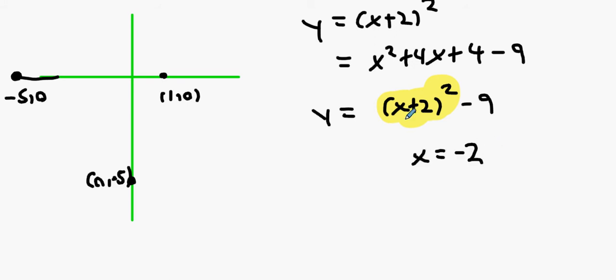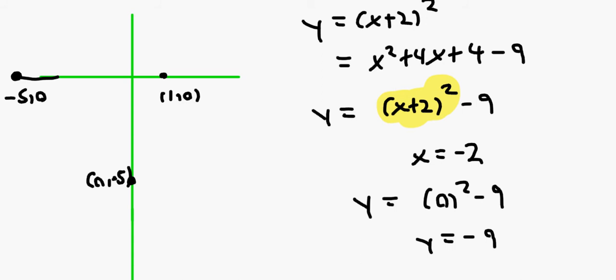And when x equals negative 2, how much is y worth? 0 squared minus 9, which is minus 9. So this means the minimum point is all the way down here, isn't it? Minus 2, minus 9, and that would be your function.